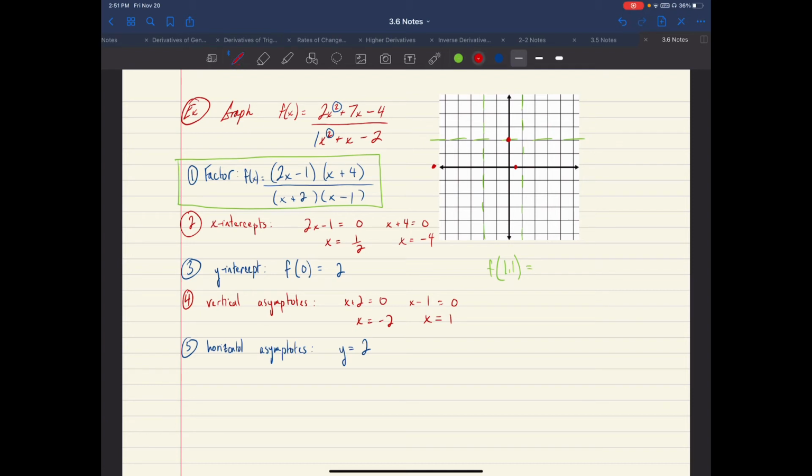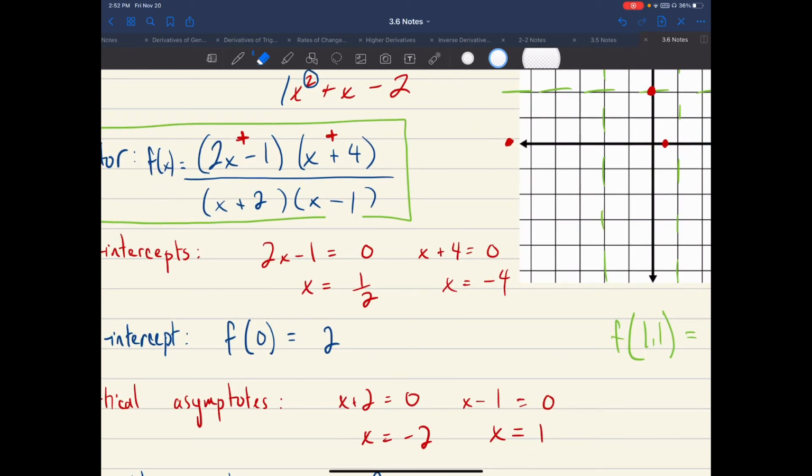So 2 times 1.1 minus 1, that's going to give me a positive value. 1.1 plus 4, positive value. 1.1 plus 2, positive value. 1.1 minus 1 is a positive value. So we're looking at all those things individually, and then we just multiply those together. So positive times a positive divided by a positive times a positive is positive. Okay, so when we're doing this, we're just looking for what the sign would be. And I'm going to erase these because I have to do it a couple times.